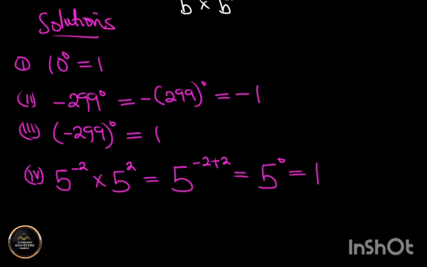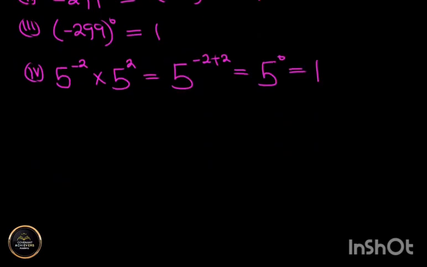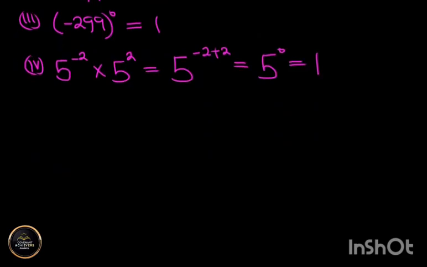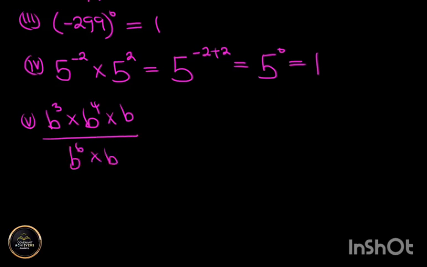Then the next part, the number 5 part, is you're having b raised to the power 3 times b raised to the power 4 times b, then divided by b raised to the power 6 times b raised to the power 2.